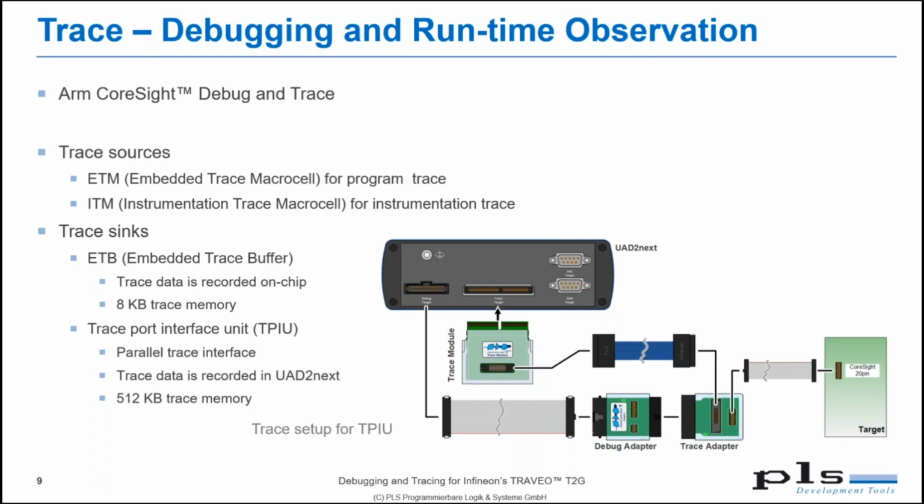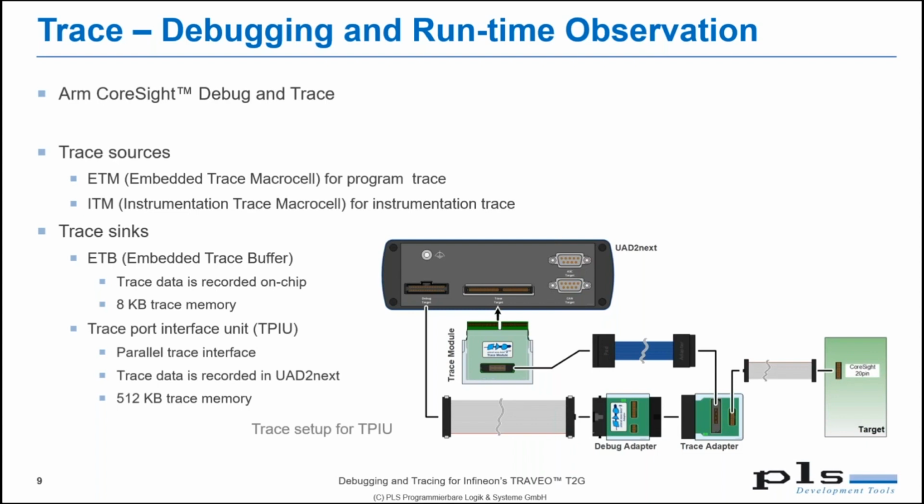As already mentioned, the recorded trace messages can be stored in an on-chip trace buffer, the ETB, or you can transfer them off-chip using a parallel trace interface. The ETB has only 8K memory, which would result in very short trace runs.